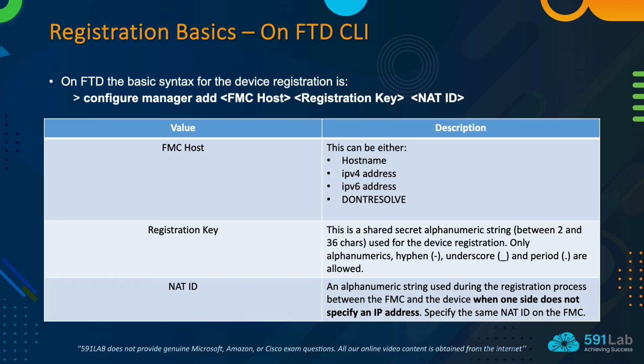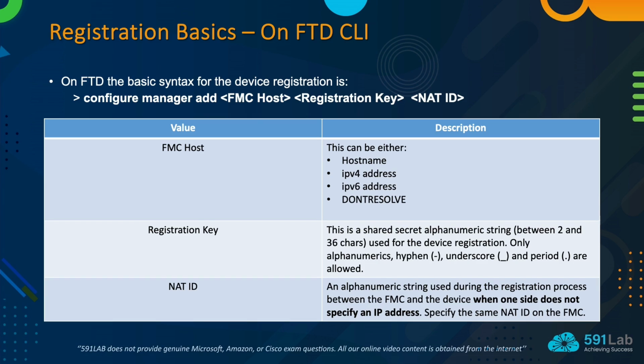The FMC host can be the host name of the FMC, an IPv4 address, an IPv6 address, or we can use DONTRESOLVE. The registration key is a shared secret alphanumeric string used for the device registration. Only alphanumerics, hyphen, underscore, and period are allowed.